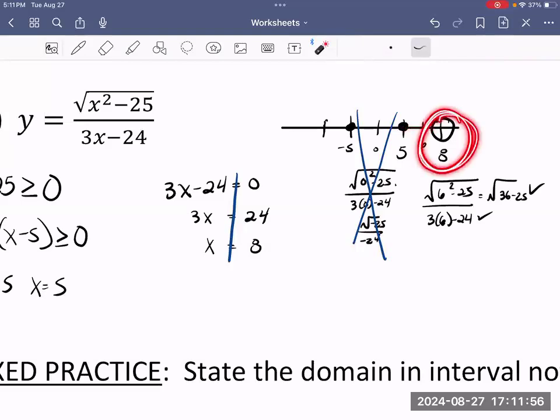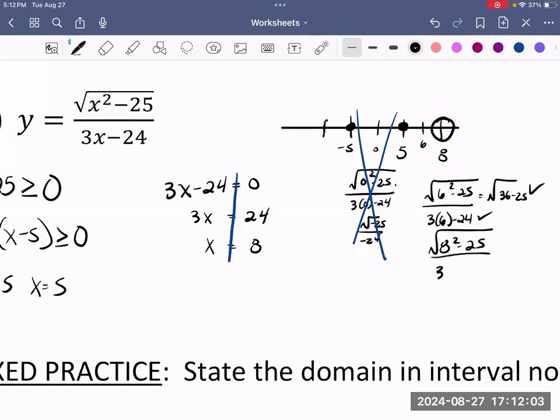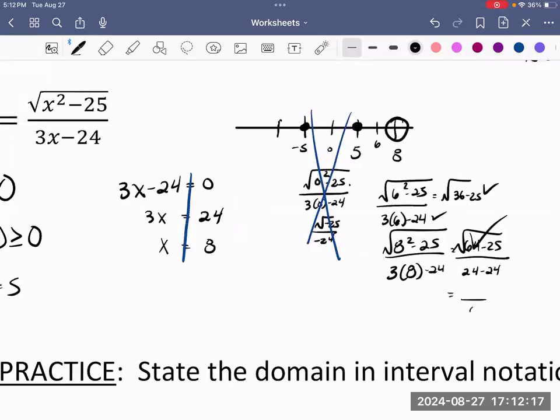Now, if we put in an 8, though, let's say we have 8 squared minus 25 over 3 times 8 minus 24. So 64 minus 25 under the square root, it's going to be positive. That's okay. But down below, we get 24 minus 24, which is going to cause a 0 down below. That means that number is not okay.